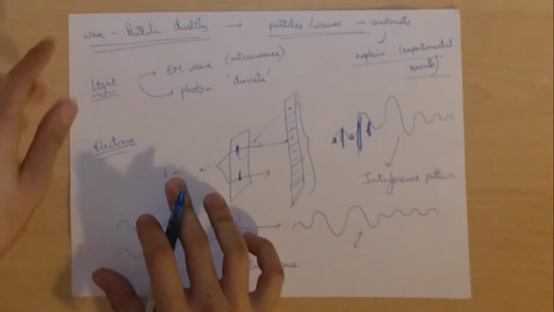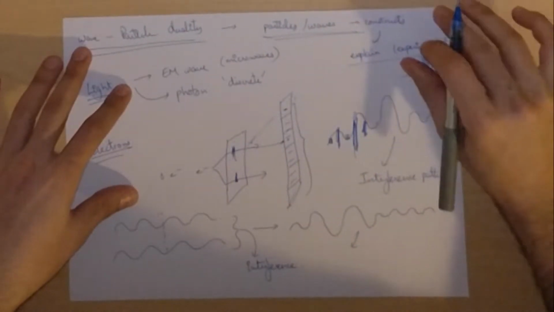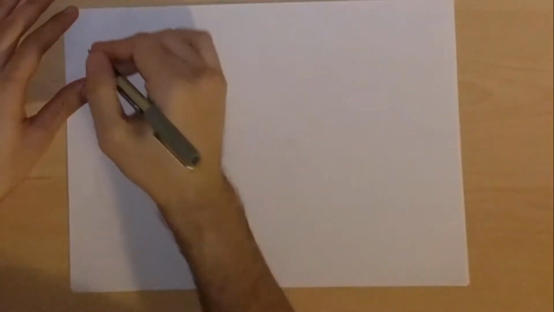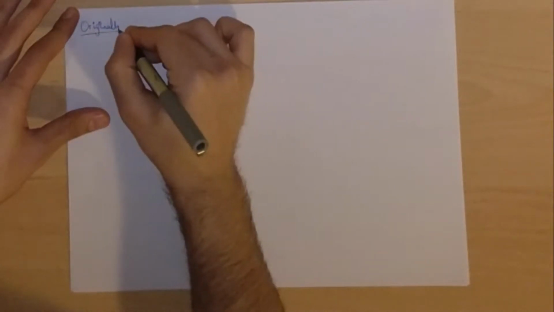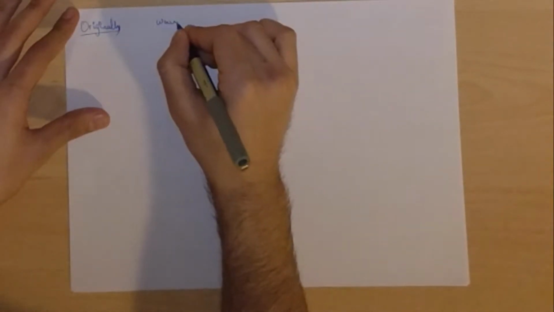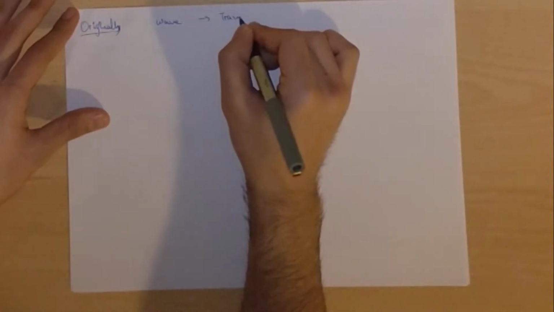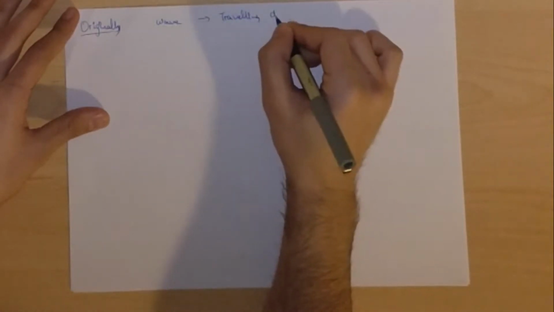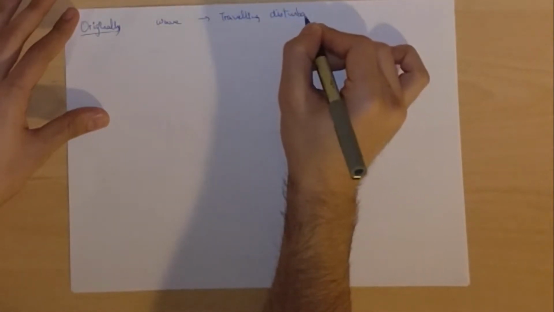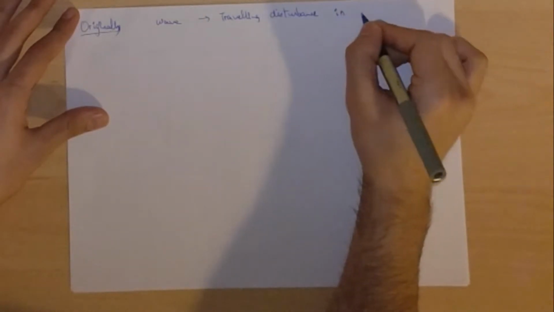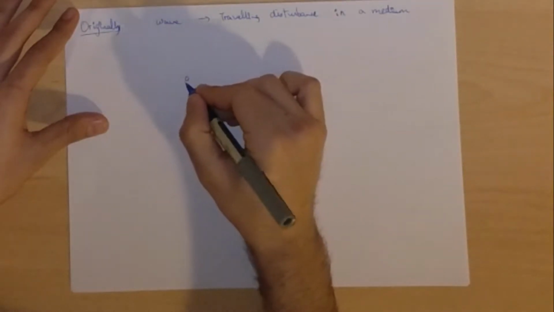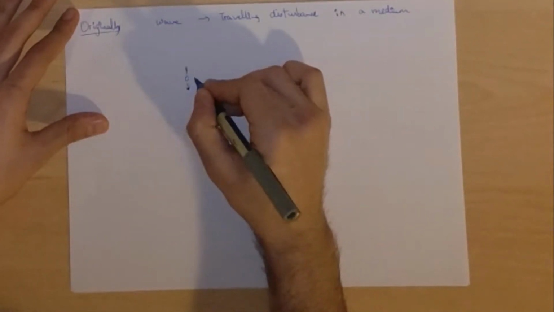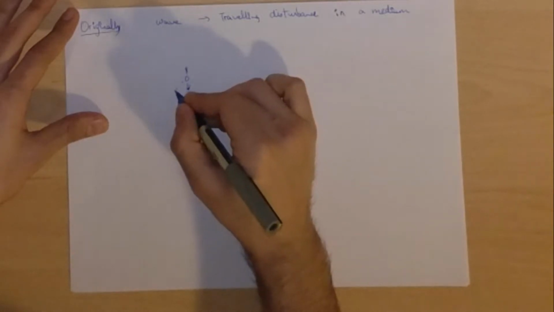So an easy way to understand this would be to look at what we considered waves to be classically. So originally, we considered waves to be a traveling disturbance in a medium. So if you think of ripples in water, what's really happening is that the water molecules are moving up and down and transmitting information to the neighboring water molecules.